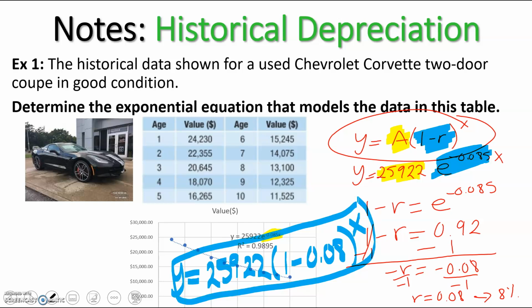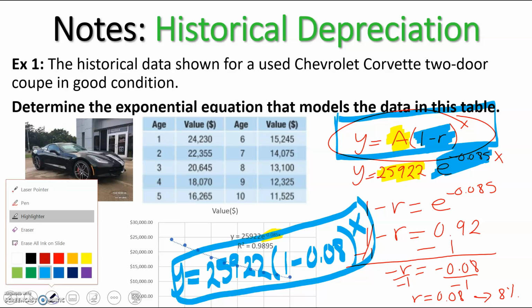Now, do note, mathematically speaking, this equation that we've written is identical to the one provided by Excel. It's just written with a different base. So we're not using the base e. We've converted it so that it is in the form that is preferred for depreciation decay.